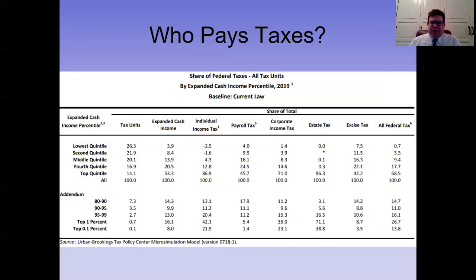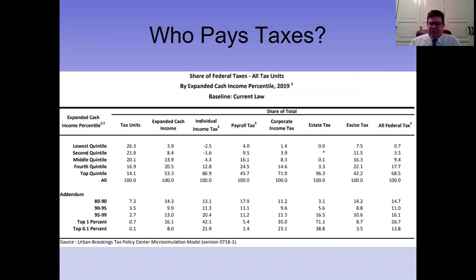If we take a look the whole way to the right, it says all federal tax. What we see is that the bottom 20% of Americans only pay 0.7% of all federal taxes, whereas the top 20% pay 68%, right?